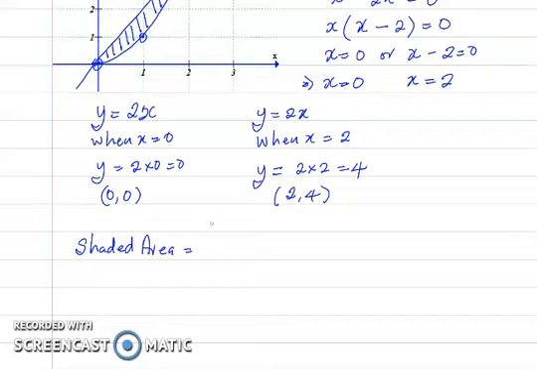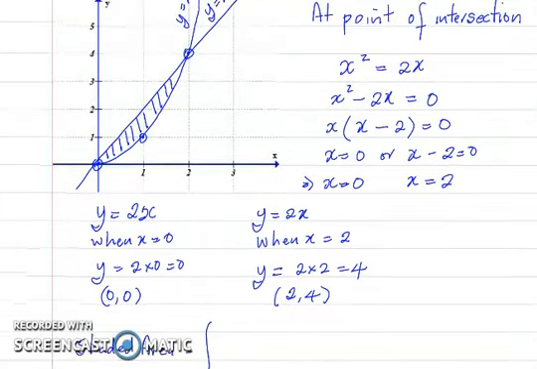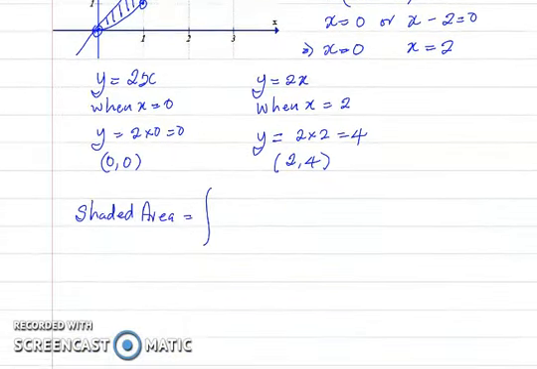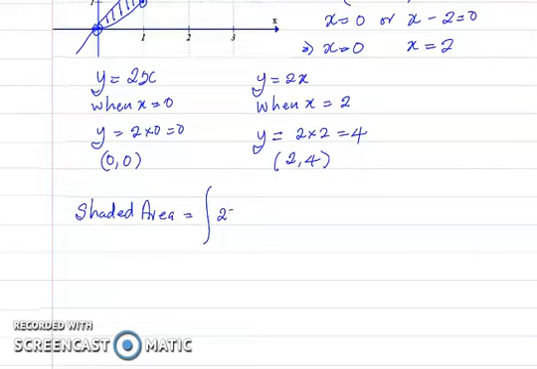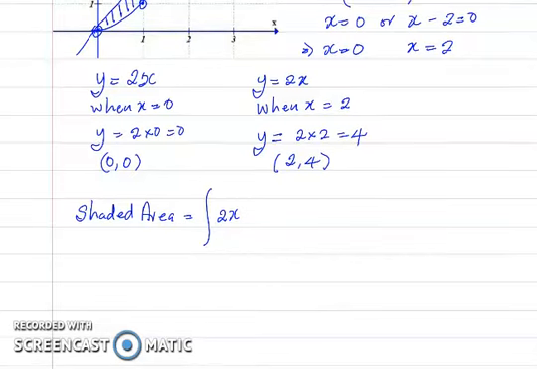So, of course, now the shaded area would be equal to the integral of the one that is above, y is equal to 2x. So it's the integral of 2x. Let's just write a formula to show the context: the integral from a to b of f of x dx minus the integral from a to b of g of x dx.